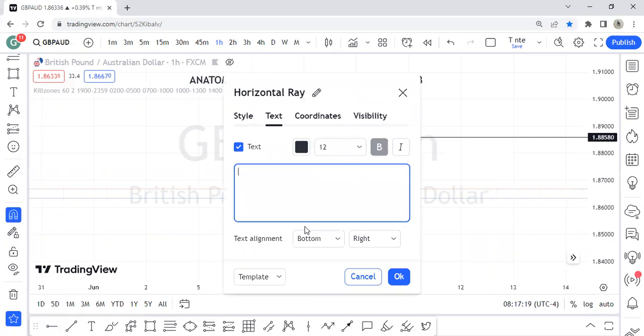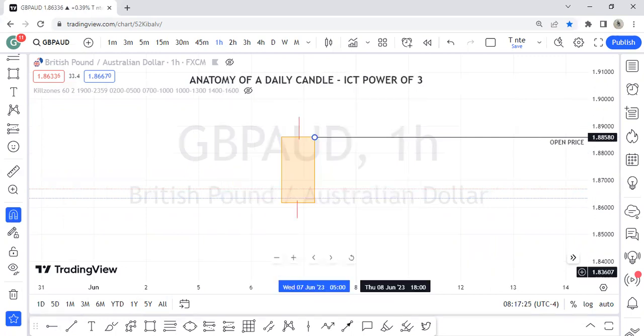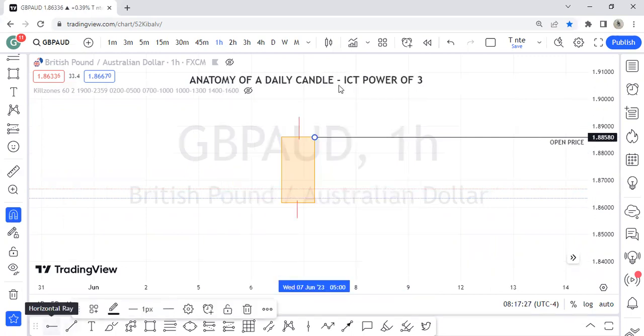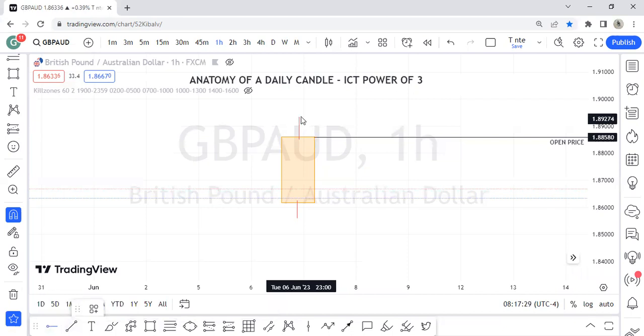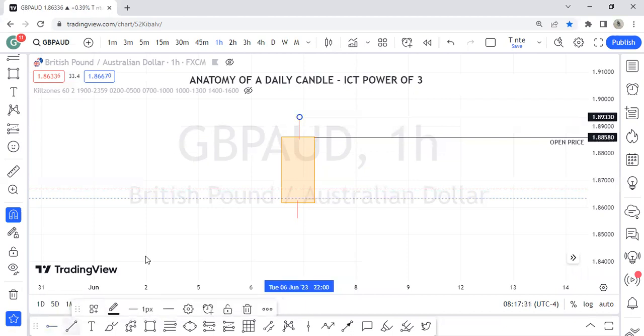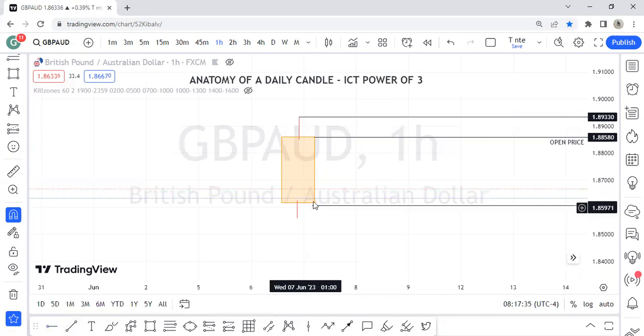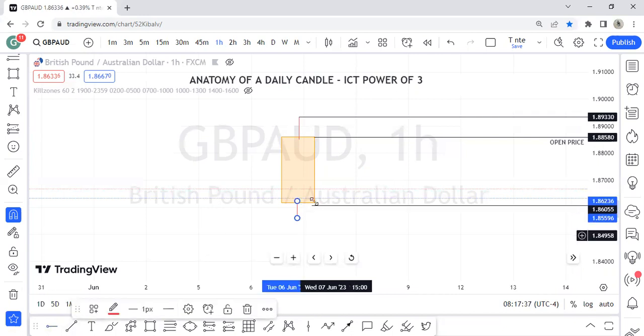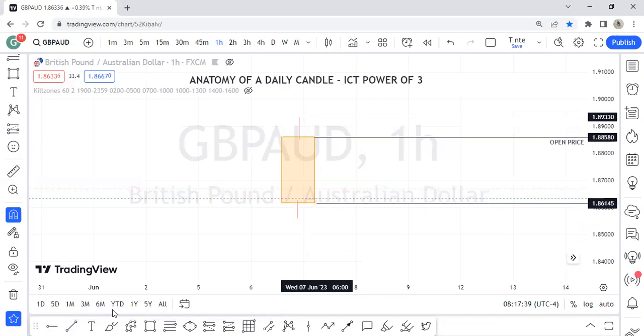This is the open price of the candle, and then this is the high of the candle. Then this is the close price. This is how the daily candle looks, and this is the low.